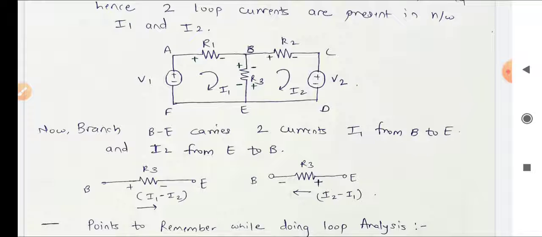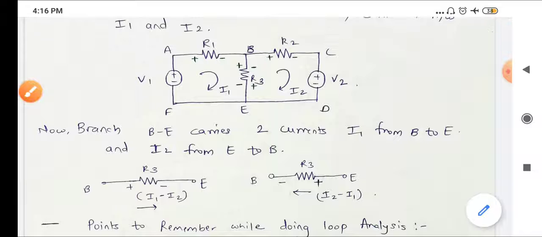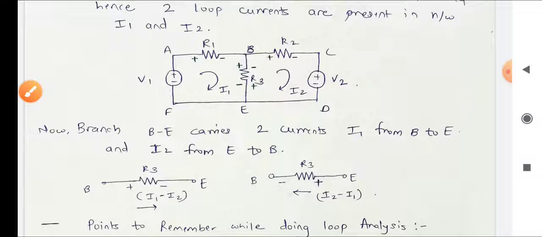Here minus I1 into R1 is a potential drop for loop 1, and the next, minus in bracket I1 minus I2 into R3, is another potential drop, and here the energy source will be the potential rise.